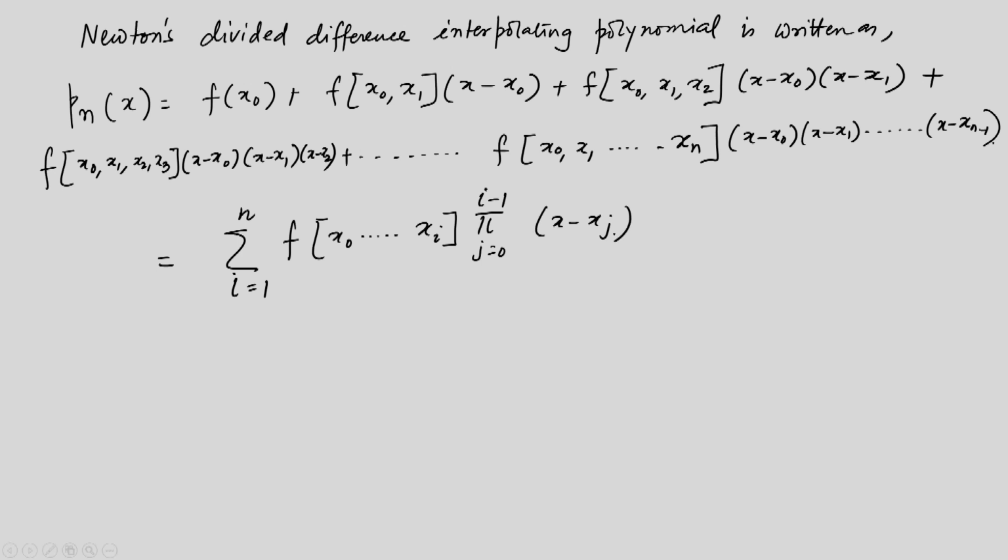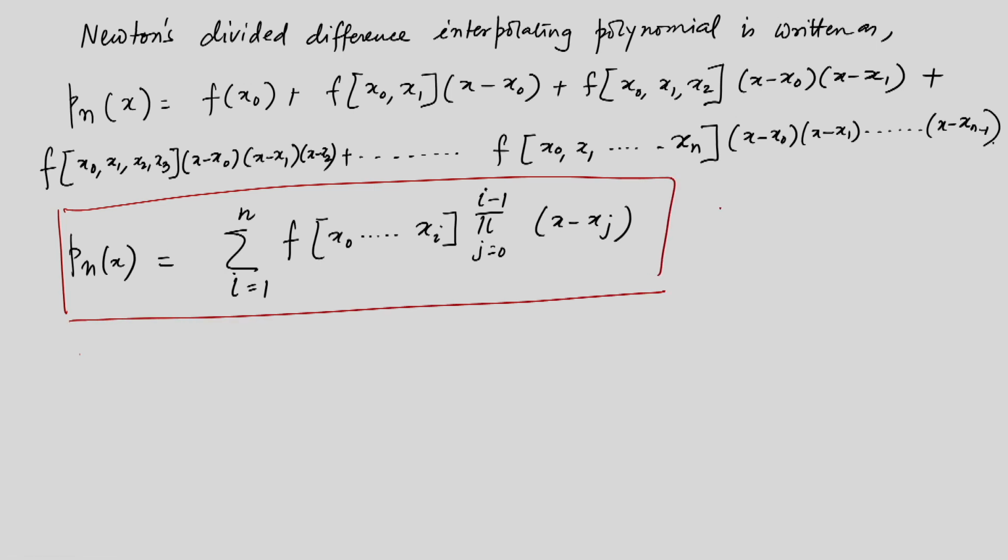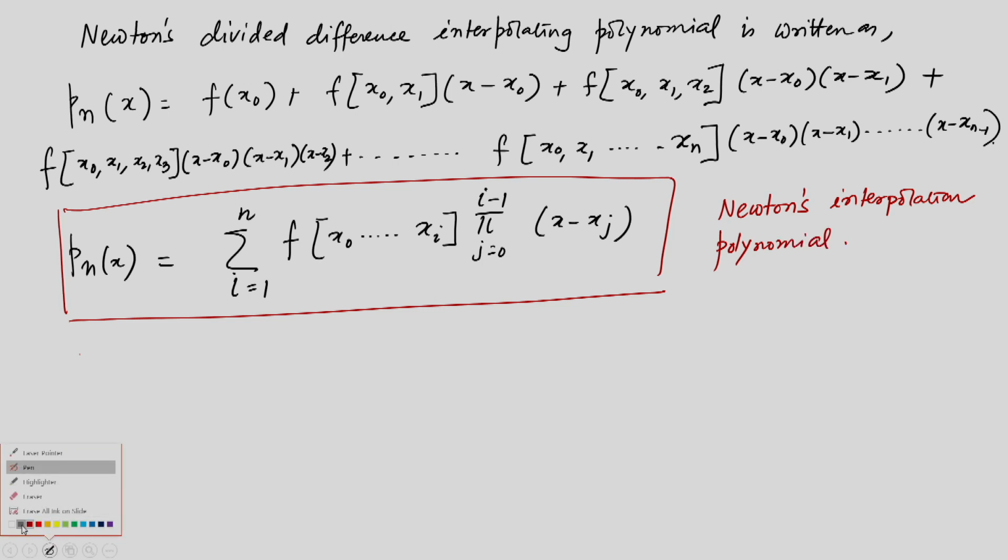So, this is the P n x, and this is called the Newton's interpolation polynomial. Okay. So, this is what we need, and let us look at a simple problem again.